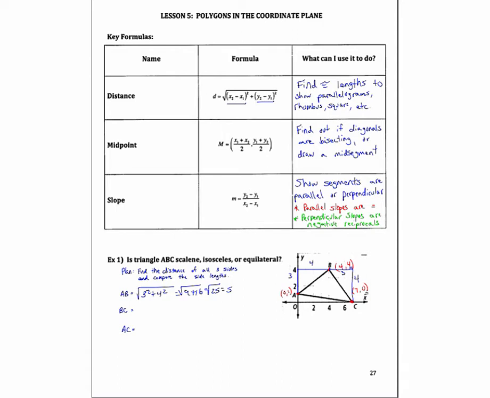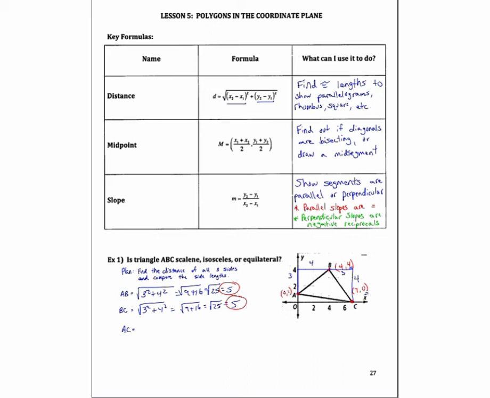So I can tell right now that BC is going to be 5 because it's the exact same numbers that I used to find AB. 3 squared plus 4 squared, which is equal to the square root of 9 plus 16, which is 25, which square roots to 5. So as of right now, I know that it's at least isosceles. But I can't stop, because if the third side ends up being 5, then I have to say equilateral. So there's no shortcut here. You have to find each of the measurements and then compare them.